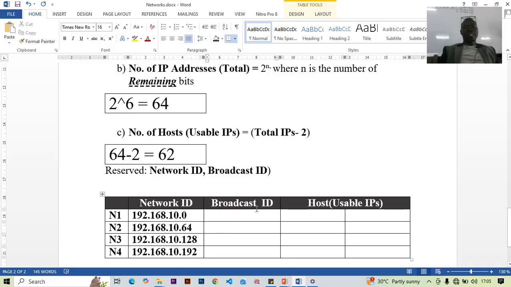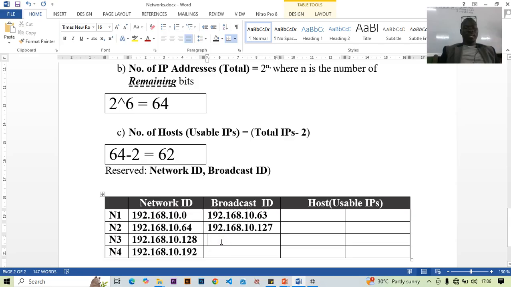Now, how do we find the broadcast ID? We said to find the broadcast ID for network 1, we subtract network 2 minus 1. So we first write that, which is constant, and then we say 64 minus 1, which will give us 63. So this becomes the broadcast ID for network 1. To find for network 2, we subtract network 3 minus 1, so we shall have that dot 127. That becomes the broadcast ID for network 2.